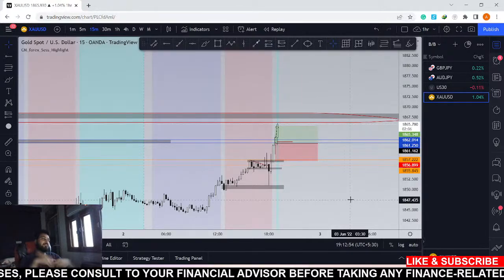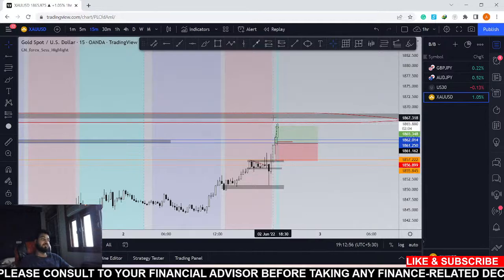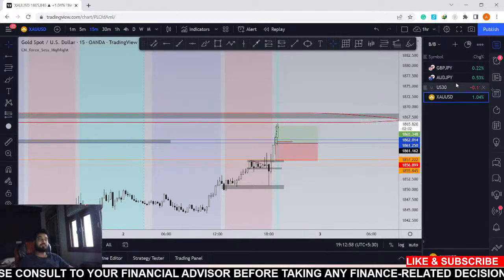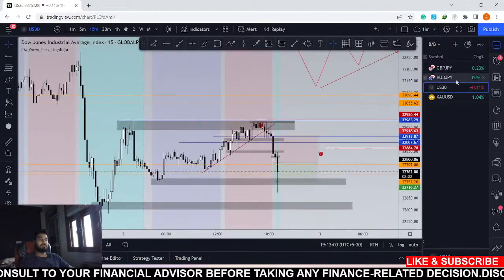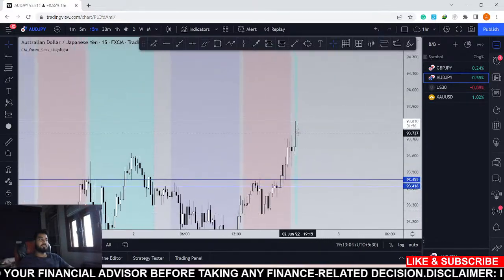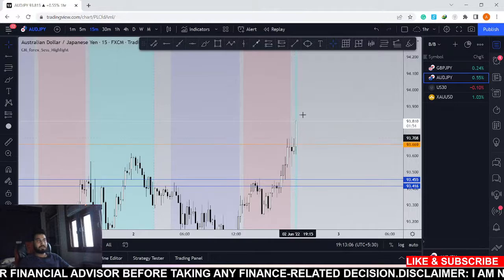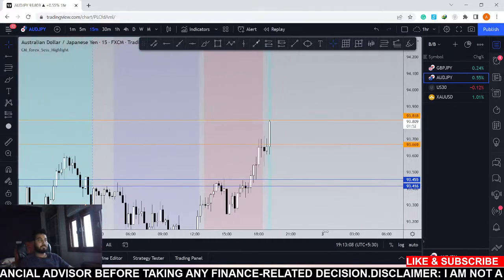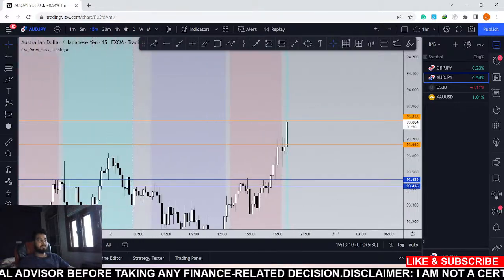It is making it smooth to this zone. AJ has also started giving us a nice move.